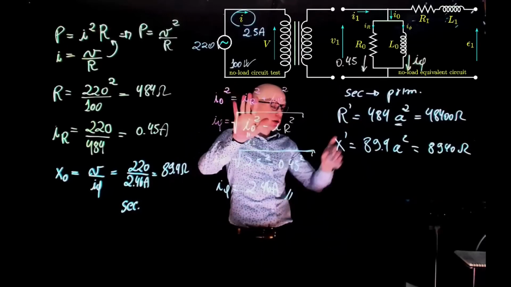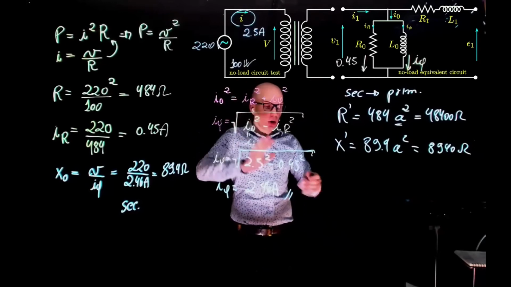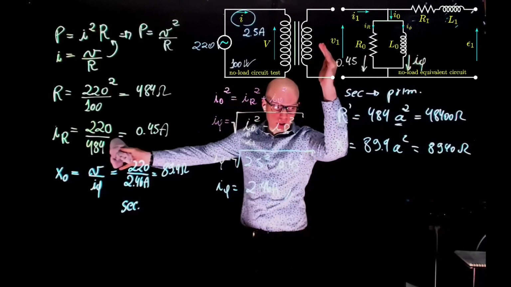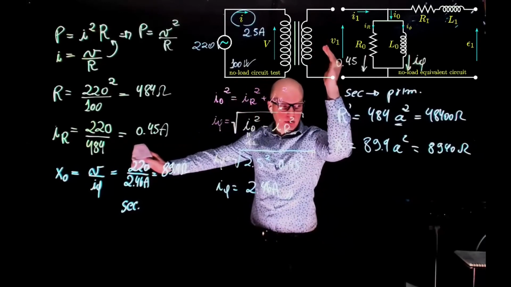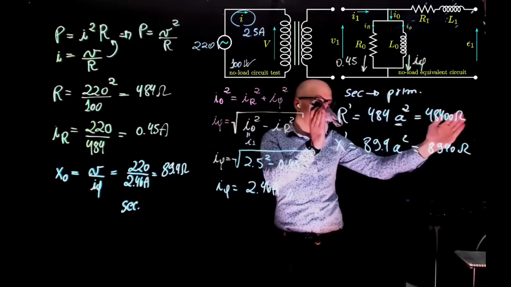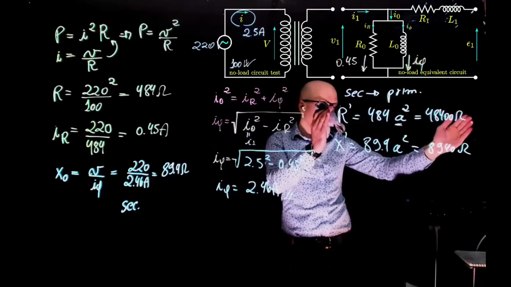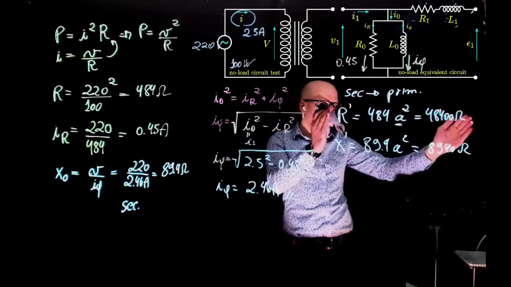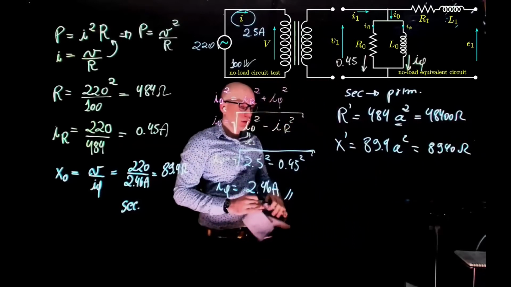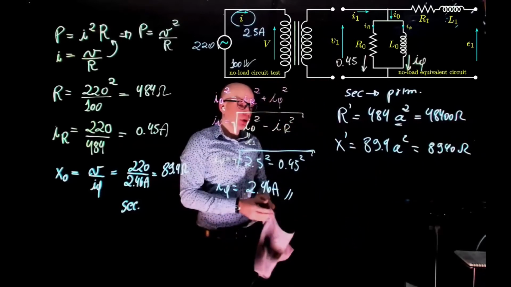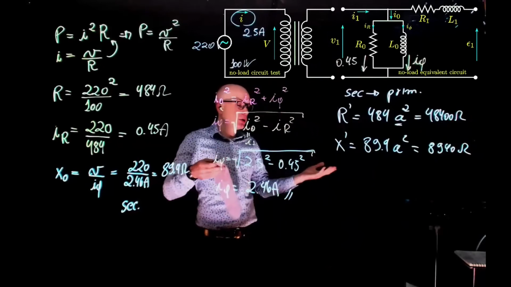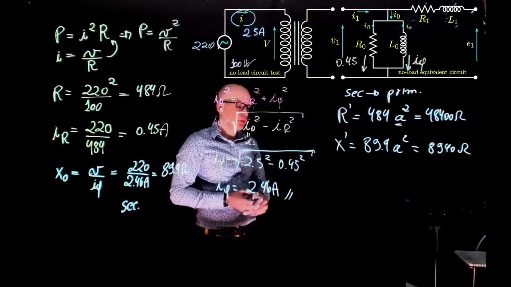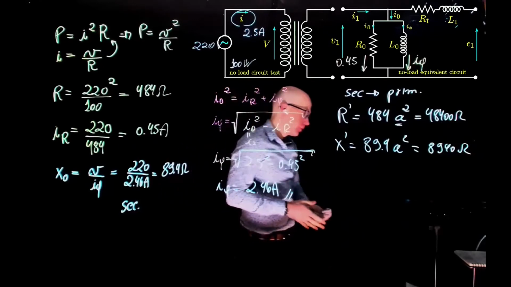This is happening in the secondary. All this calculation is happening in the secondary winding. This is the only thing we transfer to the primary. So that 2.5 amp current isn't happening in the primary. No, there is no current in the primary because the terminals are open. Okay, thank you.